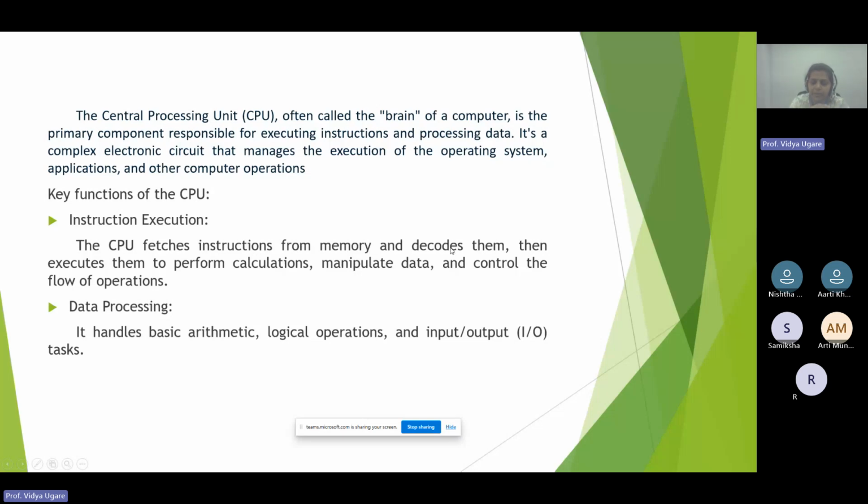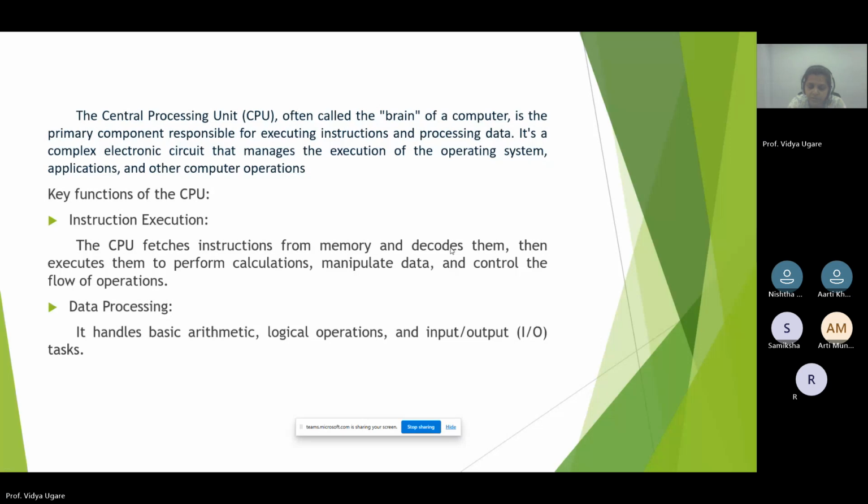Now, what do you mean by decode? Decode means something understood. It should be understood by your computer. As I said, the high level languages we give as input as a user, your computer doesn't understand that language. It needs to be translated into its own understandable language. Which language is that?